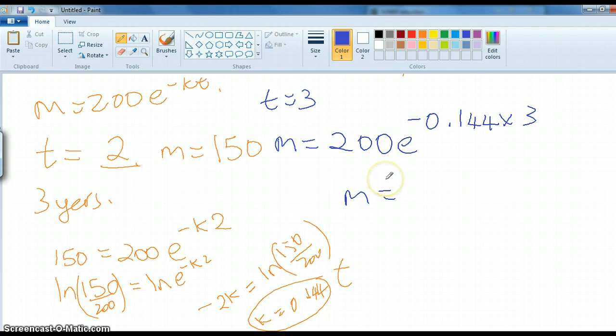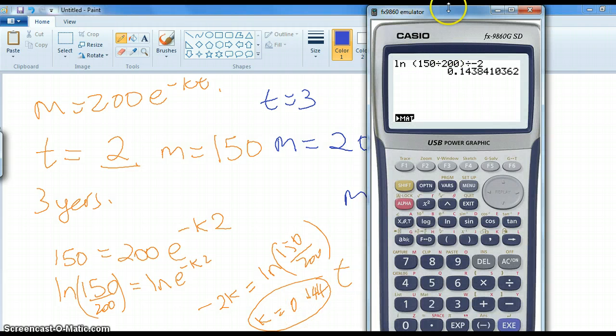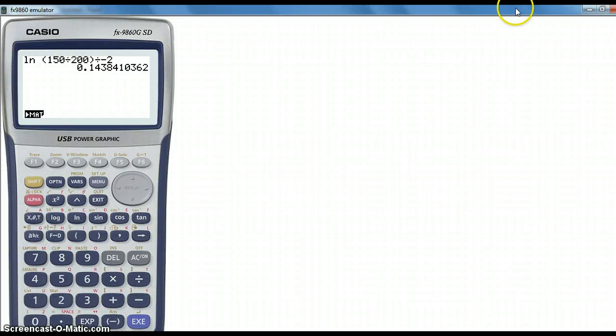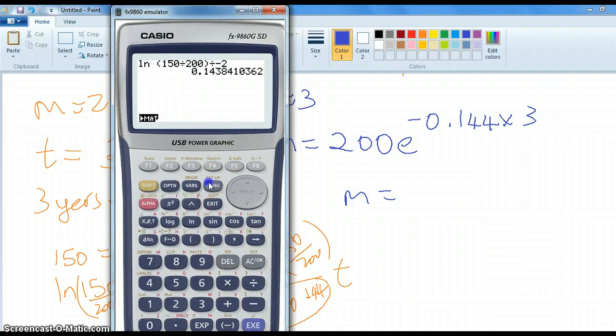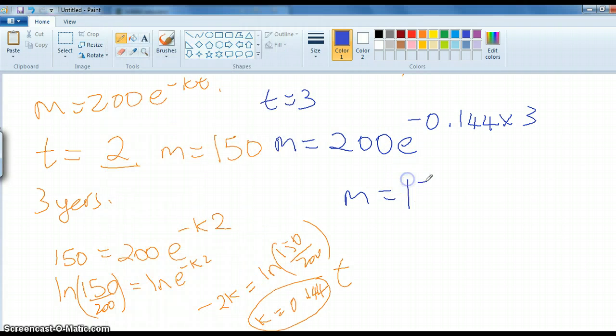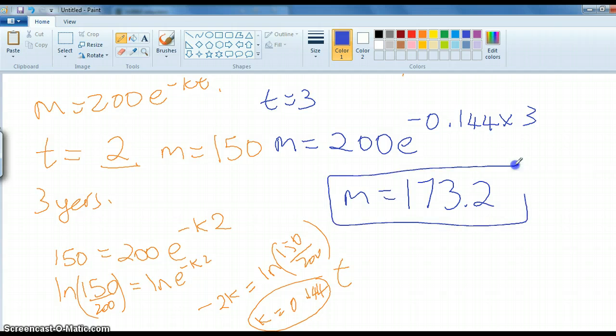So m equals, oh dear, menu, execute, 200 times e to the power of negative 0.144, and I've got 173.2. So I've got that as my milligrams answer.